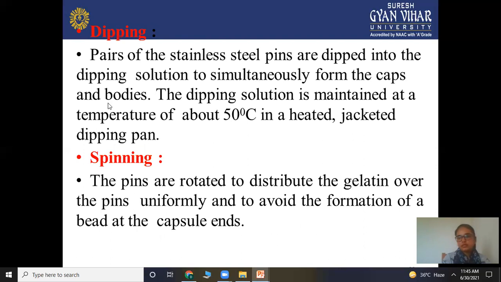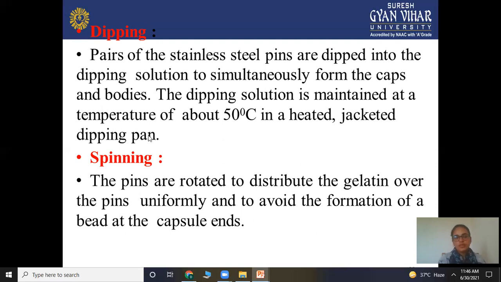This means gelatin solution is present in the dipping equipment, and after dipping the stainless steel mold into the gelatin solution, it forms the cap and body parts. The dipping solution is maintained at a temperature of about 50 degrees Celsius in a heated, jacketed dipping pan. You should maintain this 50 degrees Celsius temperature during dipping.